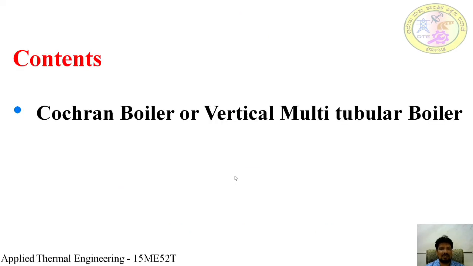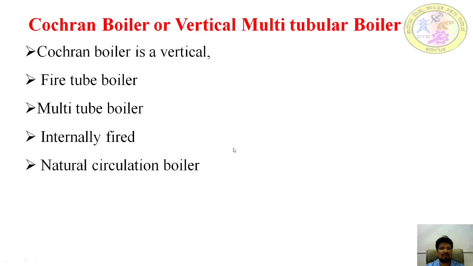So now today we are going to discuss the working principle of the Cochrane boiler or the vertical multitubular boiler. The Cochrane boiler is a vertical boiler because the shell is vertical, and it is a fire tube boiler. It is a multi-tubular boiler.